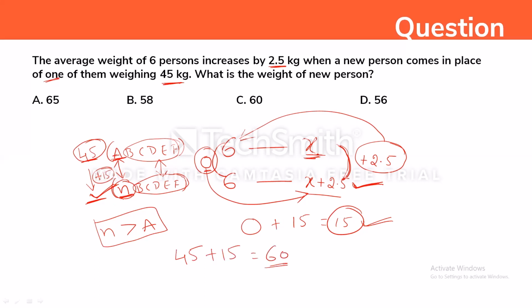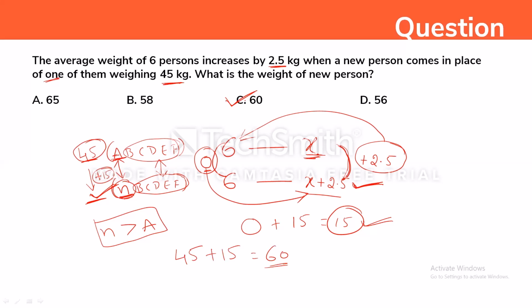So N's weight is 60. So directly we can say the answer is 60. For your understanding I have taken A, B, C, D, E as variables, but in the exam, if you have good practice with the shortcut, you can directly take the difference and say that 45 plus 15 equals 60. So option C is correct. I hope you are all clear with this question.